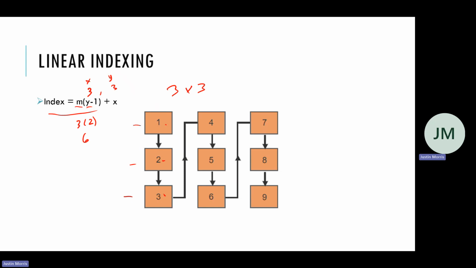Basically it's telling us to skip columns 1 and 2 because I'm trying to access column 3, which is 1. That's why the minus 1 is there. And then the 3 for the x, so plus 3 says I'm going to the third one in that column. And this is x. Is that better? Okay.